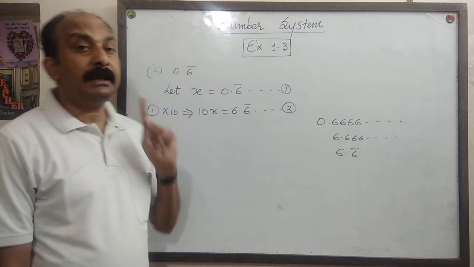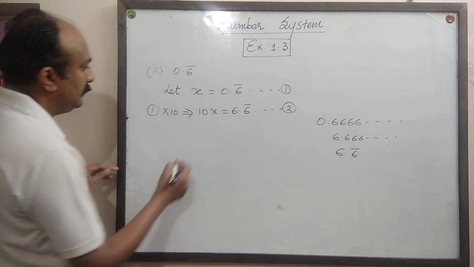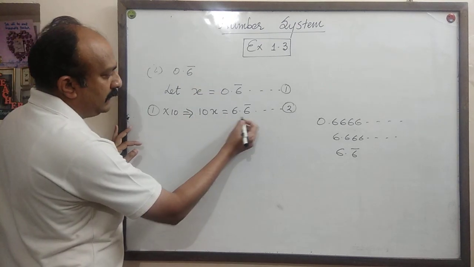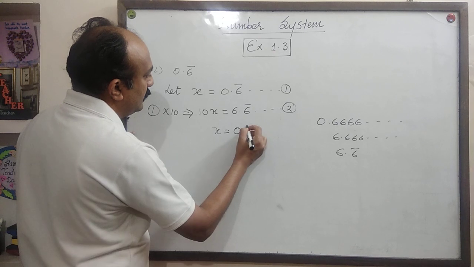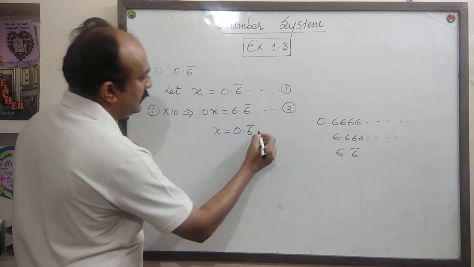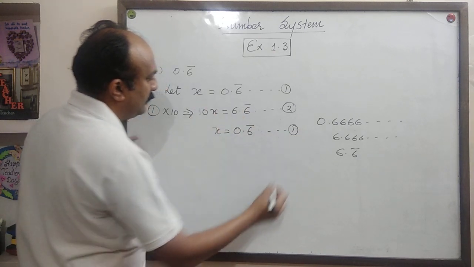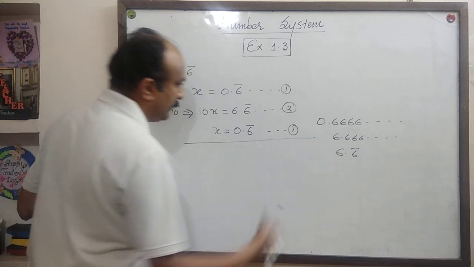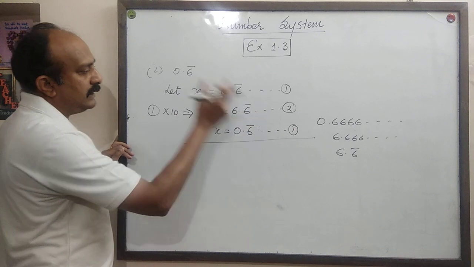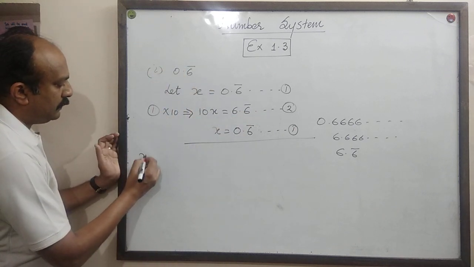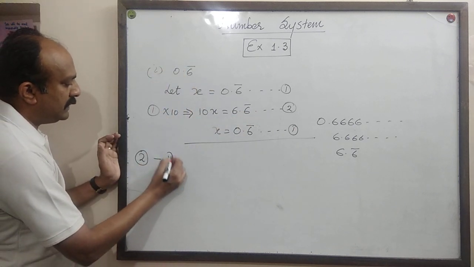How? By subtraction. Now, below this second equation, I am writing down again the first equation. x is equal to 0.6 bar, which is equation number 1. Now, I am going to subtract this equation from this equation. Equation 2 minus equation 1.